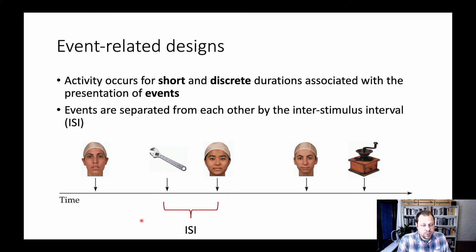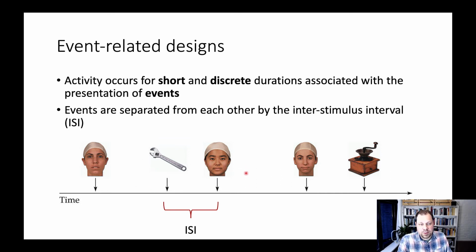Another thing to notice here is this interstimulus interval, which is the interval between presenting one stimulus and the other stimulus. It's important to leave a gap here, to allow the hemodynamic response to come back to baseline, at least almost back to baseline.